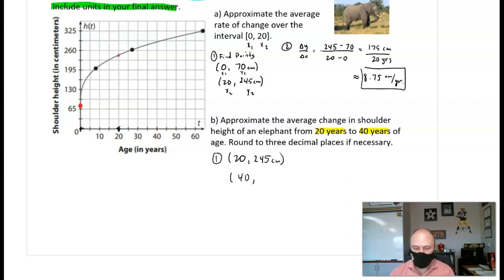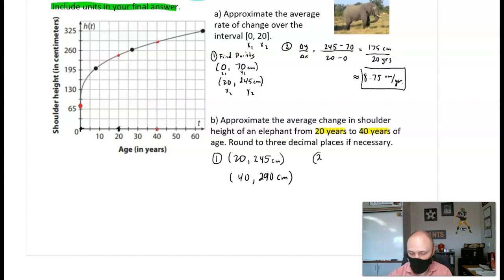And at 40 years, that point is right there. Let's say 290 centimeters. Again, I'm approximating. It looks like it's right before there.